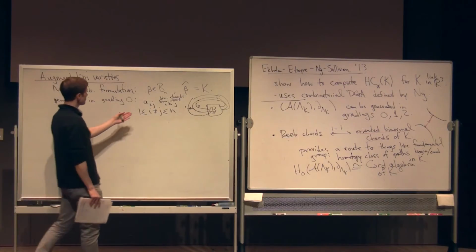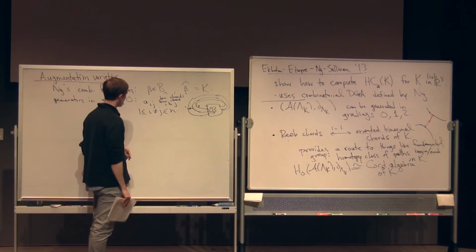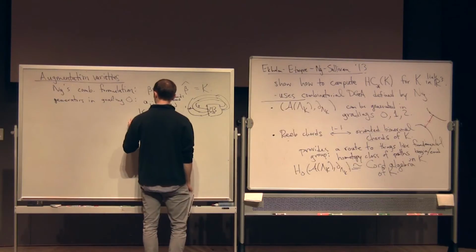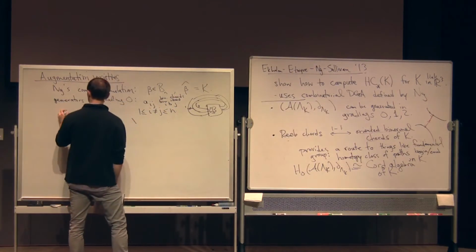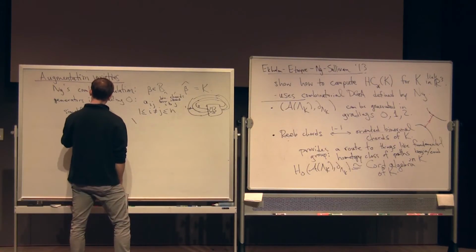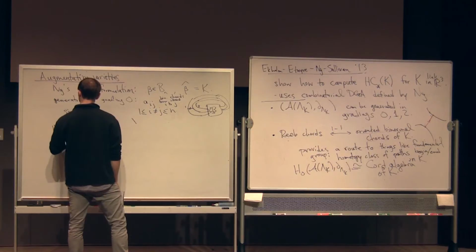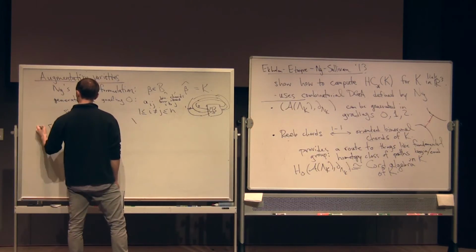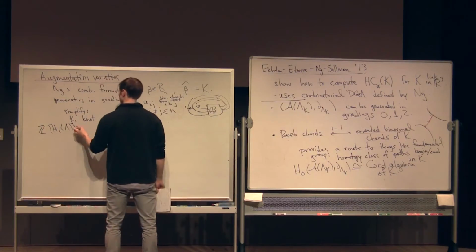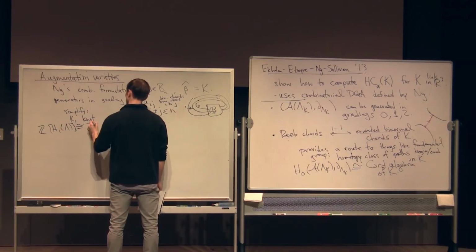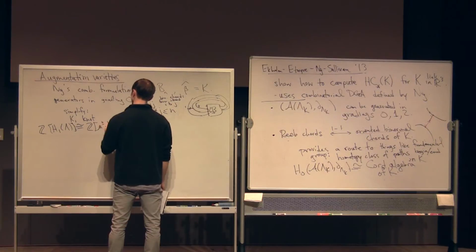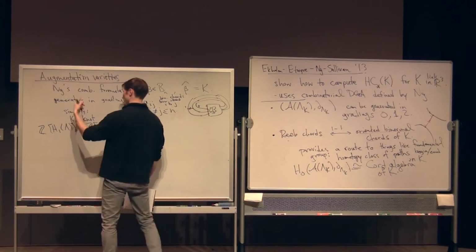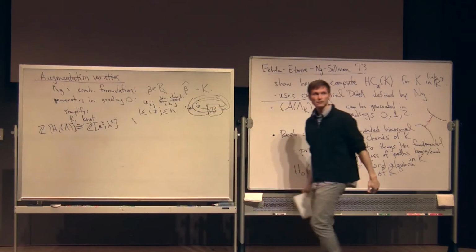Then you have these generators Aij, and let's simplify a bit. Say that K is actually a knot. Then we can identify the ground ring with a two-variable Laurent polynomial ring generated by a meridional and a longitudinal class.